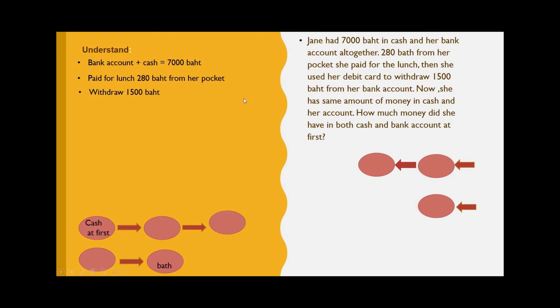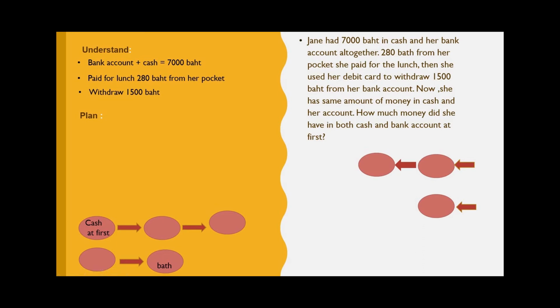After that, she has the same amount of money in cash and her account. The question asks us, how much money did she have in both cash and bank account at first?